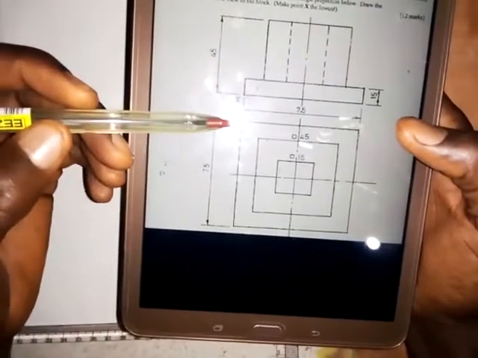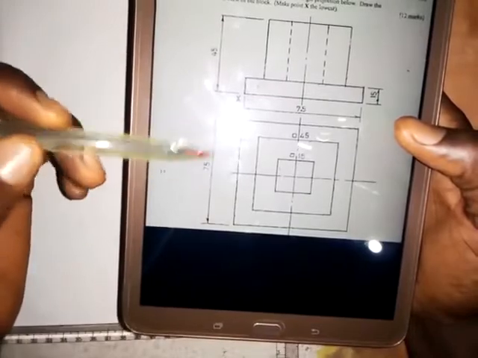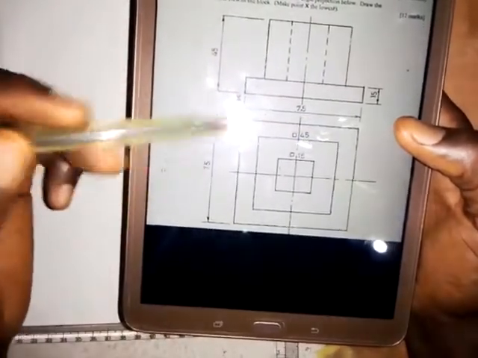The first one that we have here, which is this big square, the length of side is 75, and as written here, this is also 75, so it means it's a square.